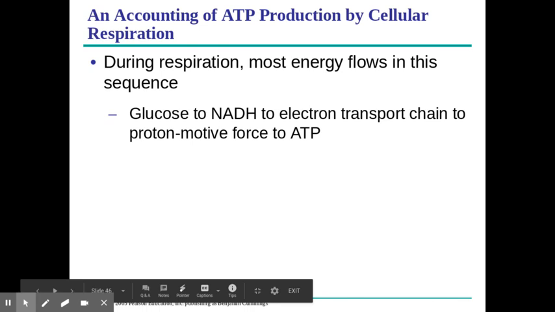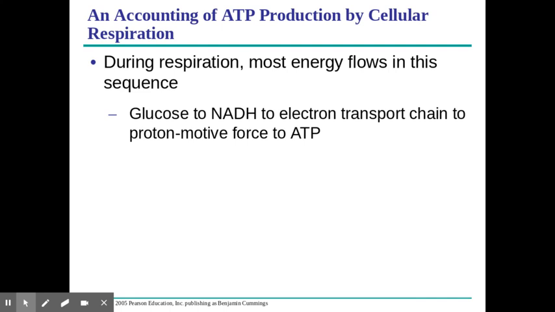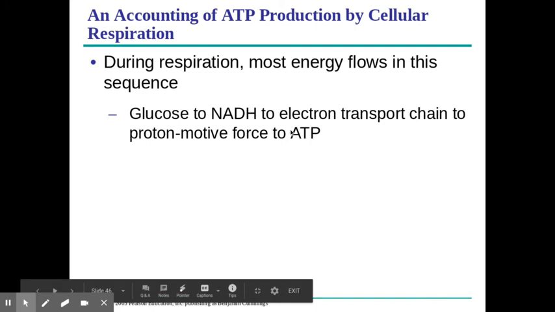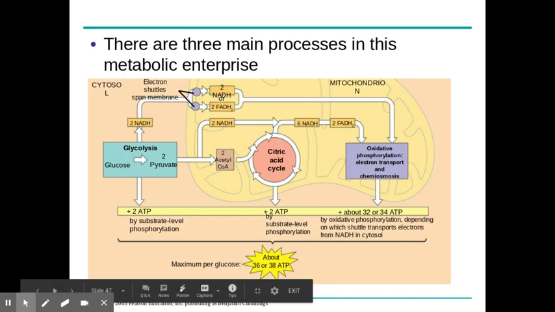So during respiration, most energy flows in this sequence. We flow from glucose to NADH or FADH2, which bring their electrons to the electron transport chain, which uses their energy to create that proton motive force, which is basically the high concentration of hydrogen ions, protons, and that is used to make ATP.